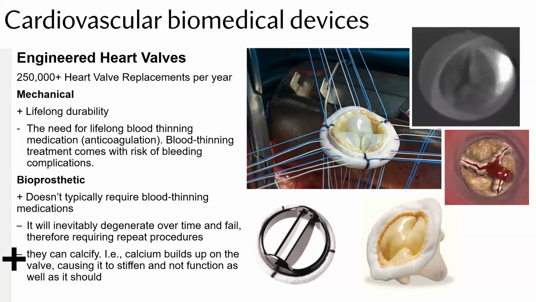Okay. So, as you remember, mainly heart valve disease refers to the case where the natural and healthy functioning heart valve, which you can see up there on the right top side of this slide, is a very healthy heart valve.